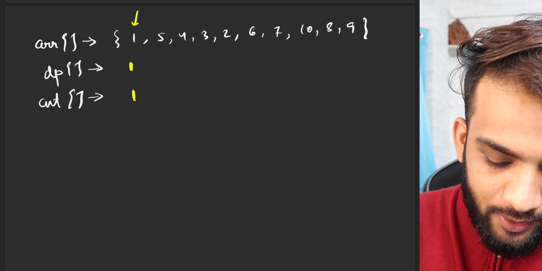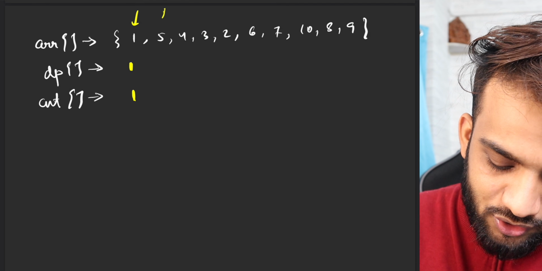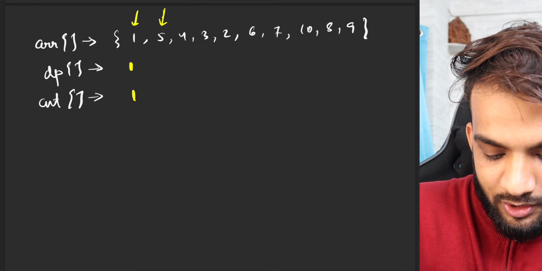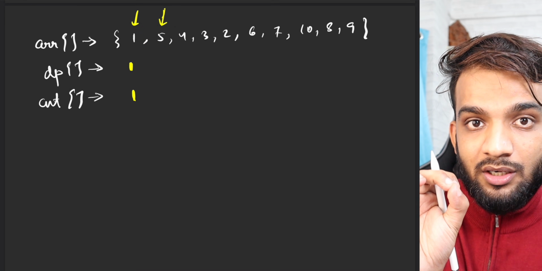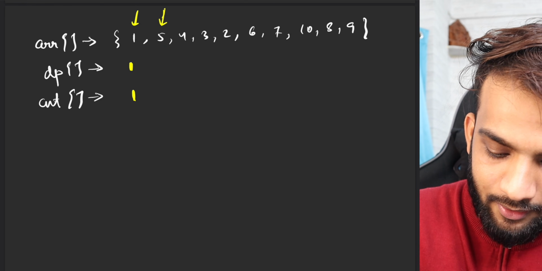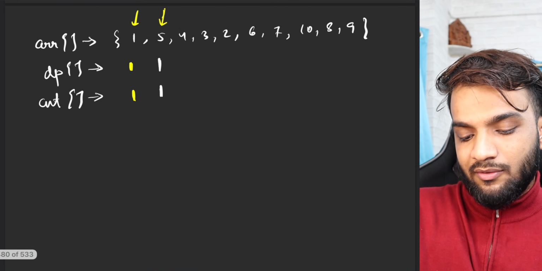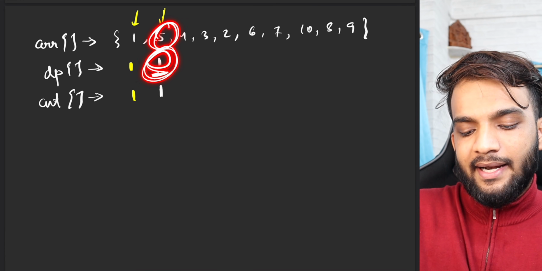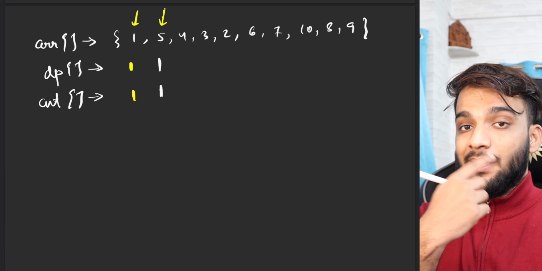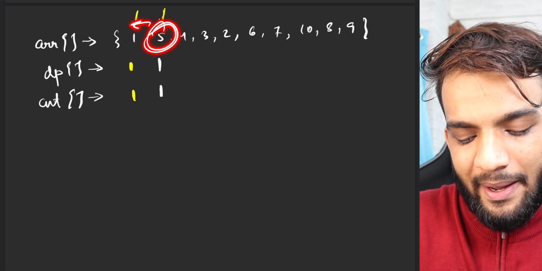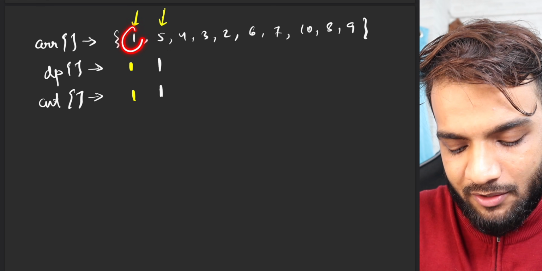Perfect. Now let's move to the next element, which is 5. Standing at 5, initially you say we will be 1 and 1, because 5 itself is of length 1 and a count of 1. But for 5, you look back: who is the previous? 1 is the previous.